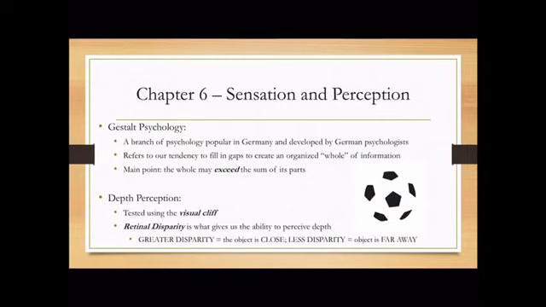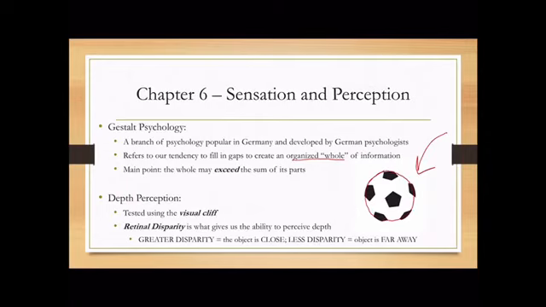Okay. Gestalt psychology is a branch of German psychology developed by German psychologists. And a gestalt is just an organized whole of information. The main point is that the whole can exceed the sum of its parts. To explain that, in looking at this picture, most people would say that's a soccer ball. Well, it's not really a soccer ball because there's no closure to it. There's no actual circle wrapping around this to turn it into a ball, like so.